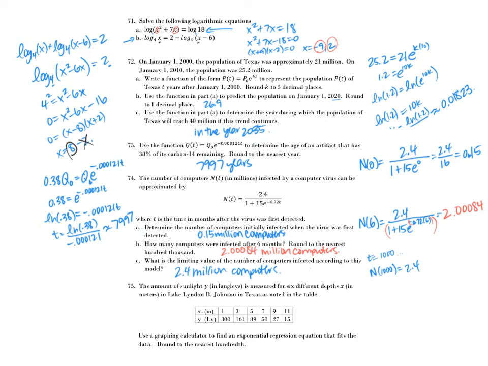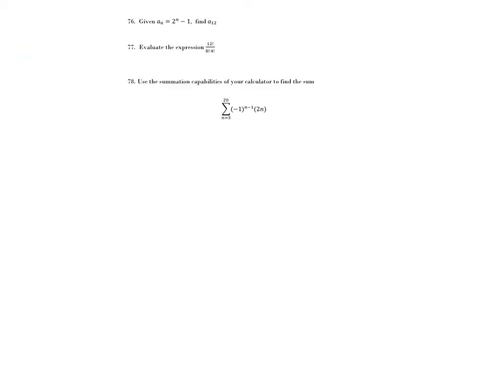So I entered in all the data, I put it into my exponential regression, and it's saying y equals 399.71 times 0.74 to the x.